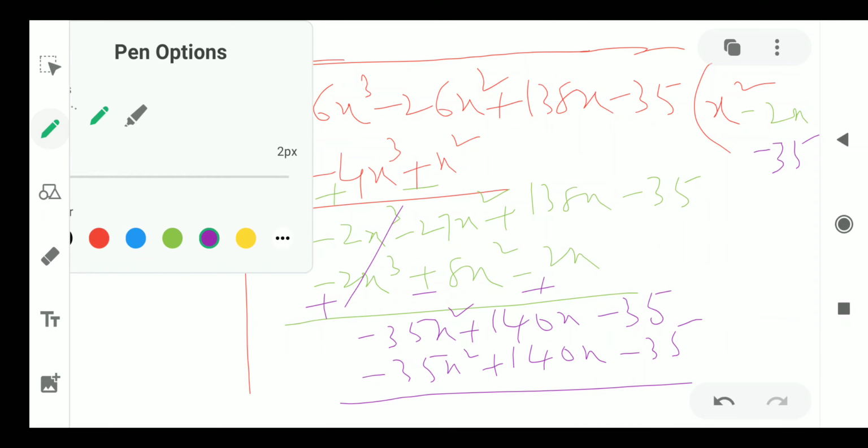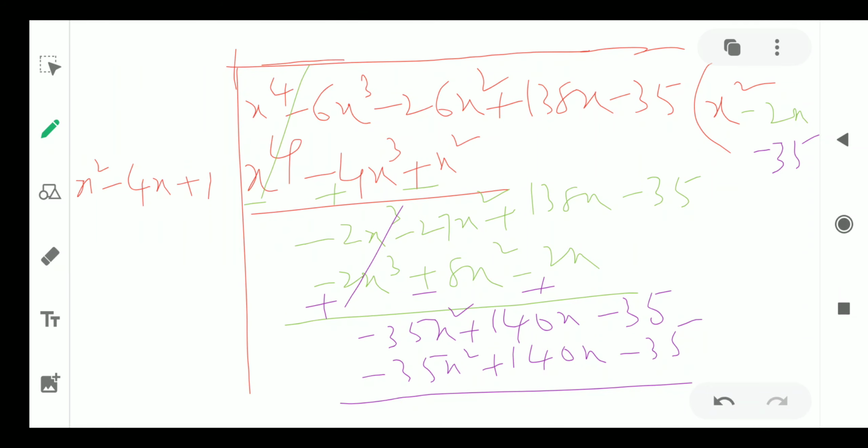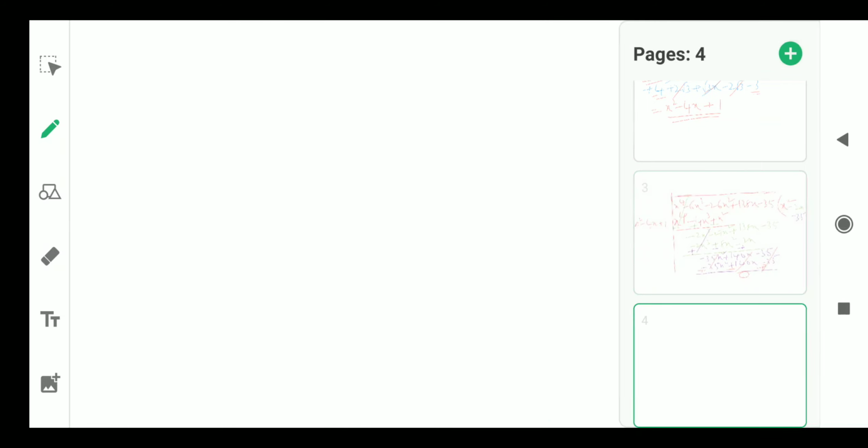Okay, so now what will happen is, this will become plus, this will become minus, this will become plus, get cancelled, and you will get 0. So therefore, when I divide with this x square minus 4x plus 1, I got the quotient as x square minus 2x minus 35.